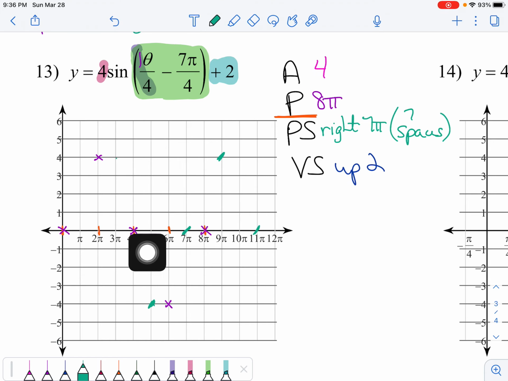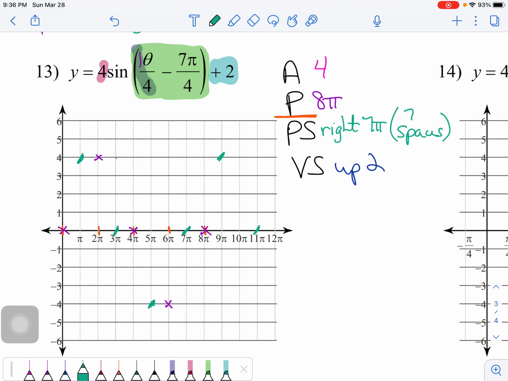Now, how did I find this one? Well, I followed the amplitude, and every one of these critical values was 2 spaces apart. So I just went 2 spaces over and 4 spaces up. 2 spaces over, 4 spaces up. Okay, good enough. I'll figure out the graph that way.